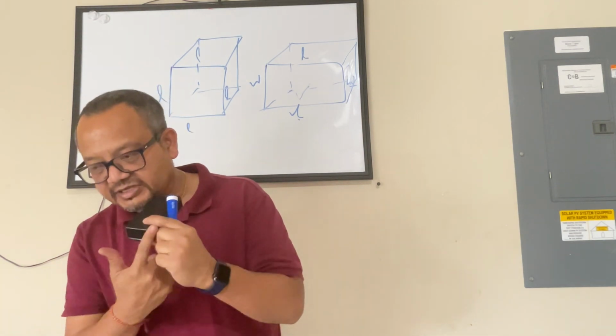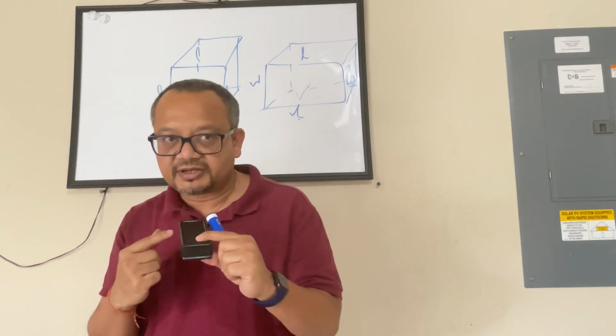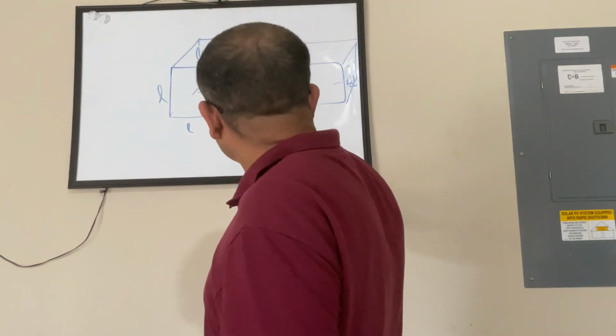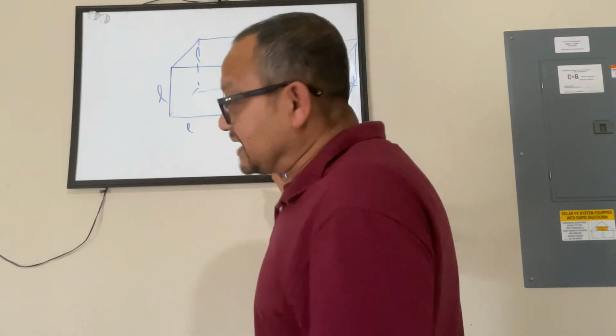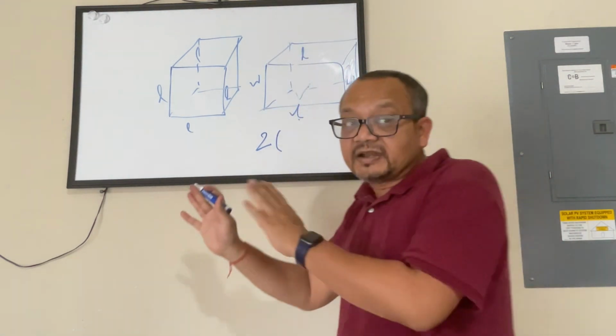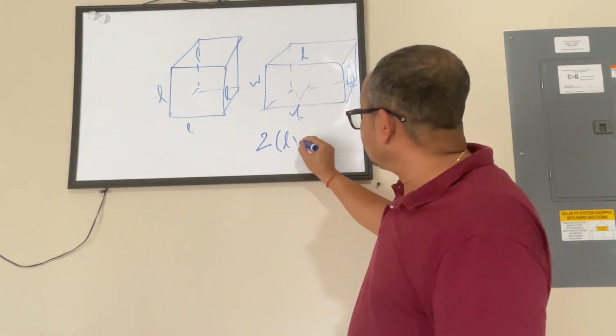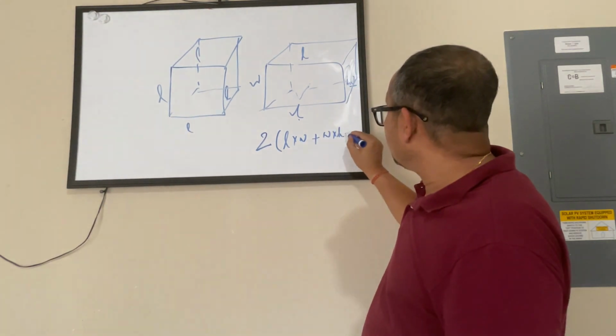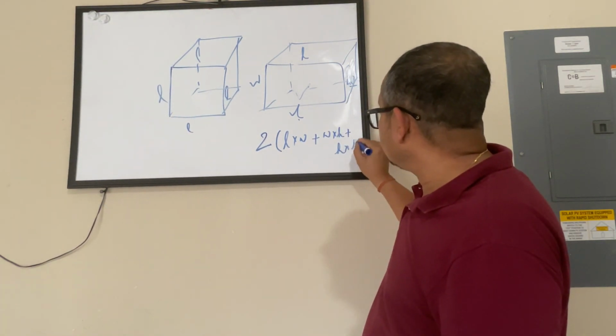Top, side, and this side. 2 times all that area. So the surface area of a cuboid is 2 times 3 different sides: length into width plus width into height plus height into length.